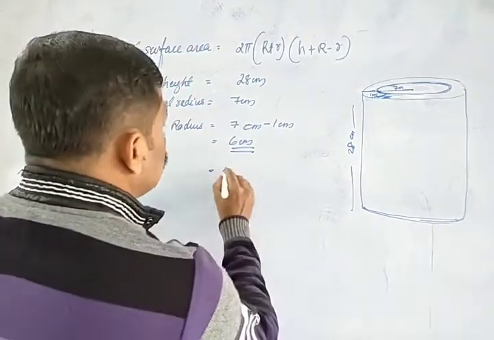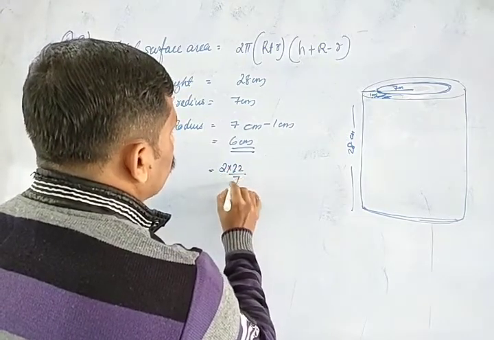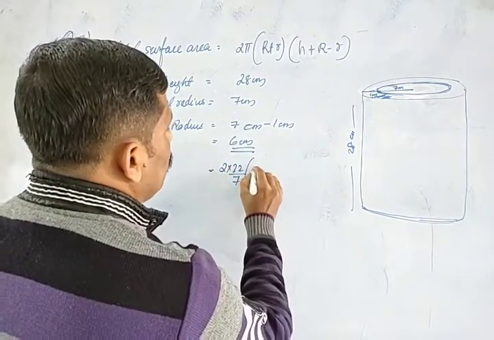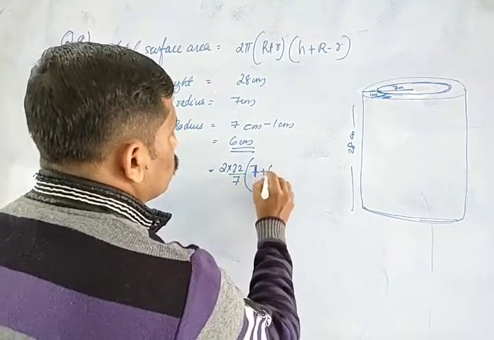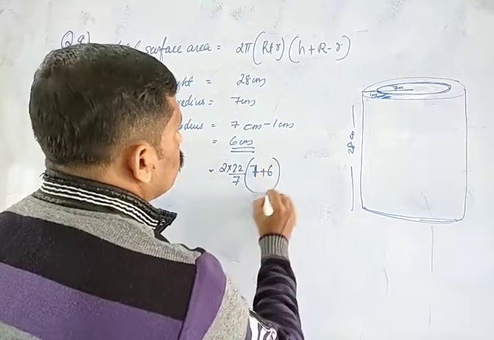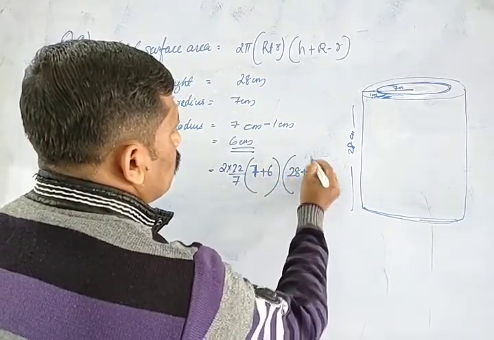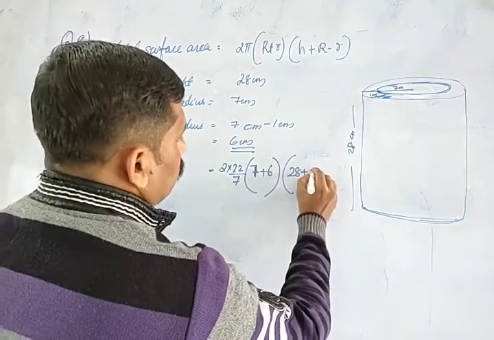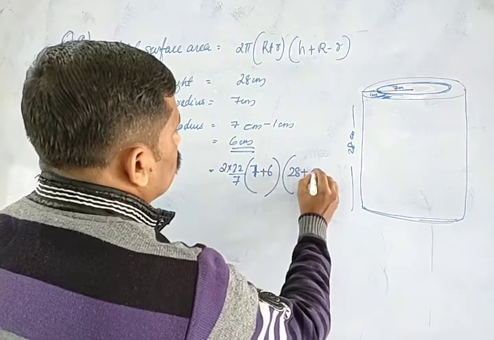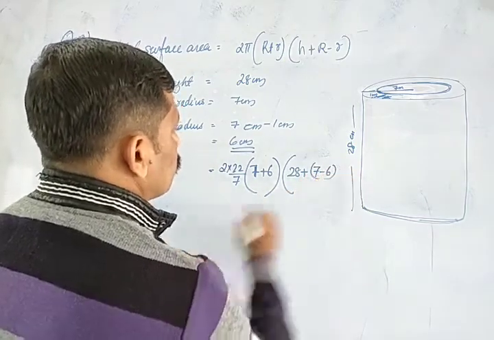That is equal to 2 pi, 2 into 22 upon 7 into R plus r. It's big R 7 centimeter plus small r 6 centimeter into h plus h is equal to 28 plus R minus r. That means big R 7 centimeter minus 6 centimeter.